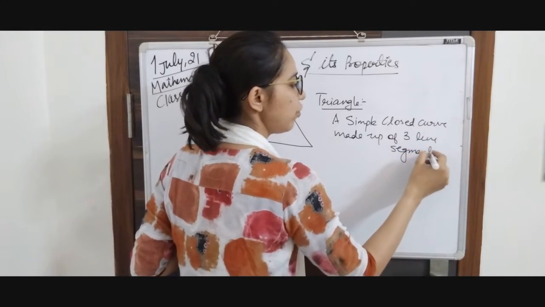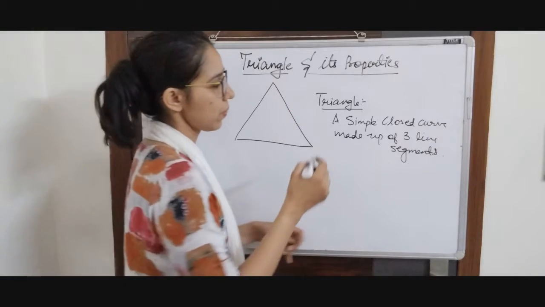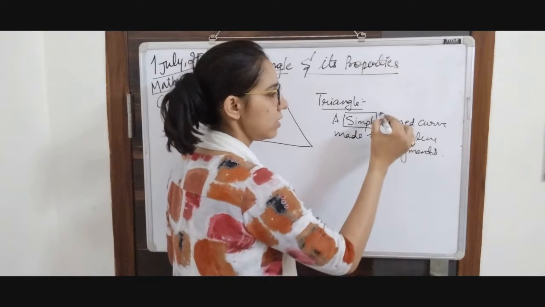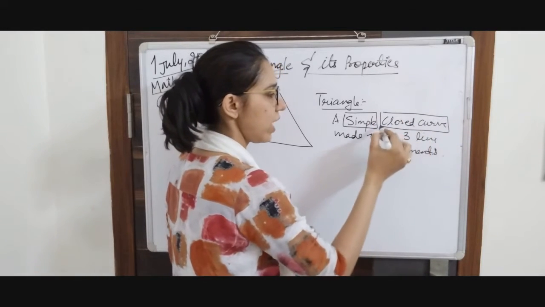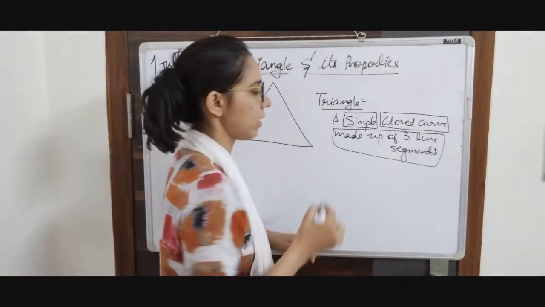In the definition of a triangle, we have three things that we should focus on. First is simple, second is closed curve, and third is made up of three line segments, three parts.